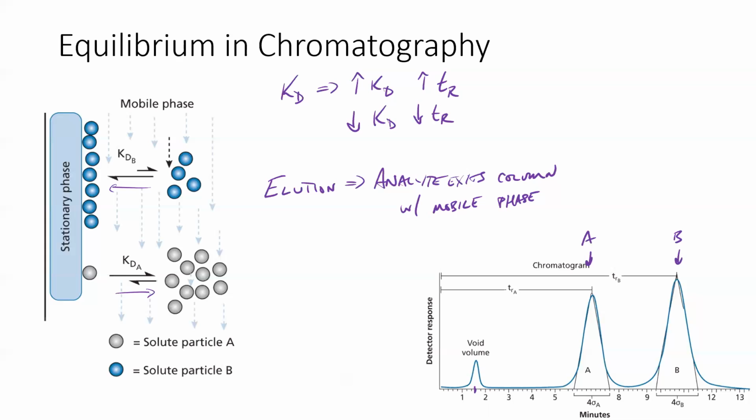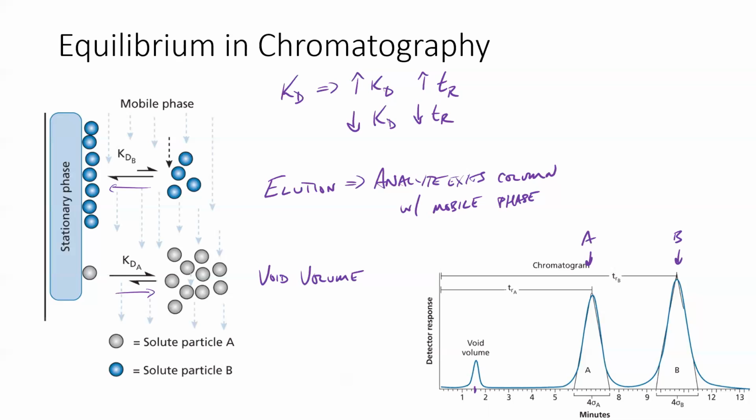And so to determine void volume, would we choose a compound with a very high KD or a very low KD? Low KD? Absolutely. We want it to be as low as possible. We don't want it interacting with the stationary phase for a millisecond. We want it to be exactly like our mobile phase, but detectable.